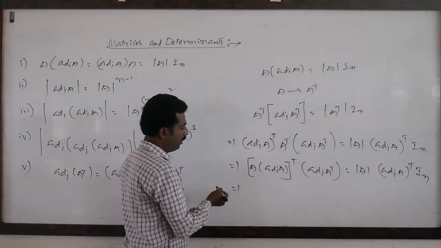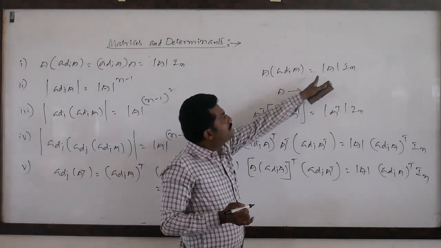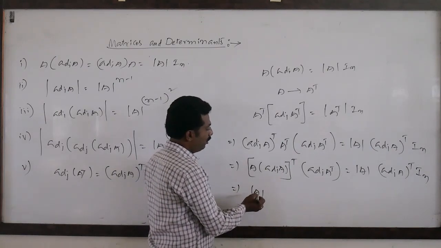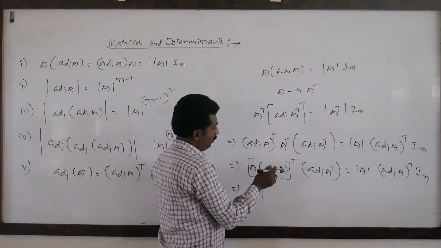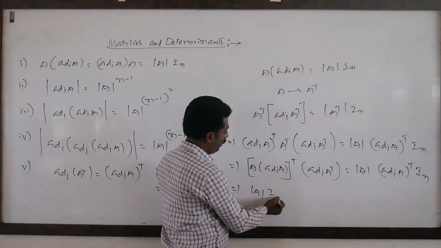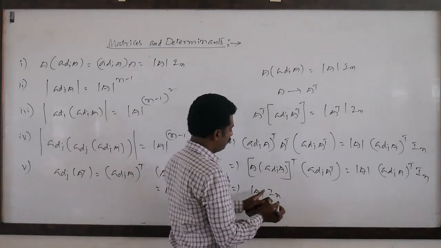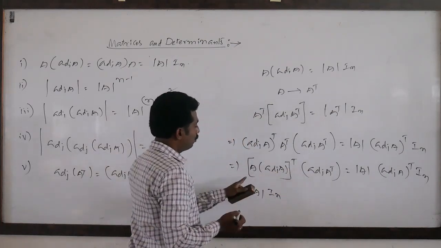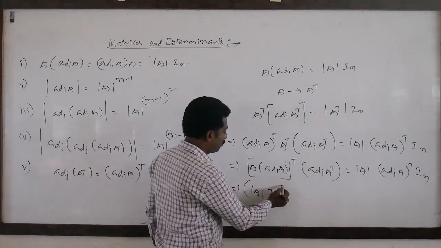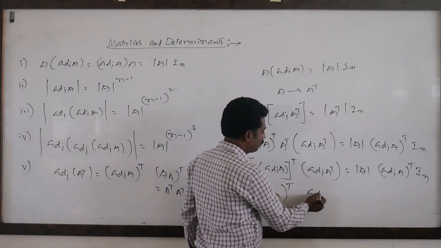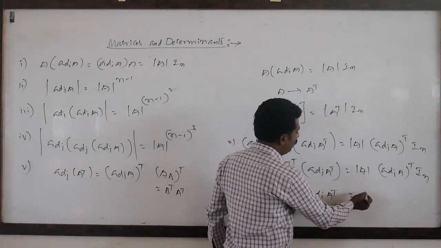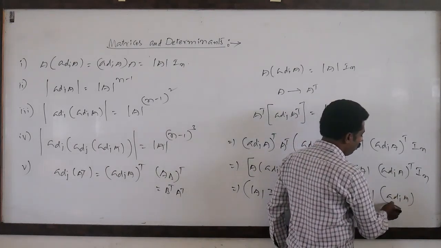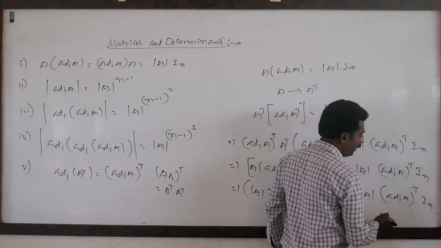So from this, A into adjoint of A means determinant of A into identity matrix. So this is A into adjoint of A whole transpose. A into adjoint of A, if I take the transpose, no problem. So this is adjoint of A transpose, det A into adjoint of A whole transpose into identity matrix.